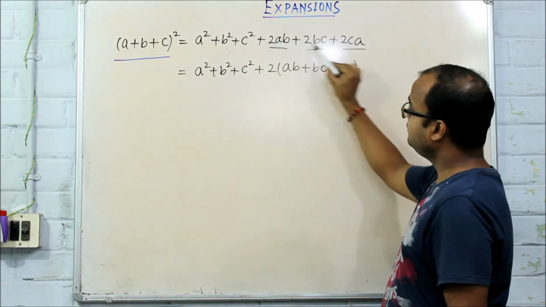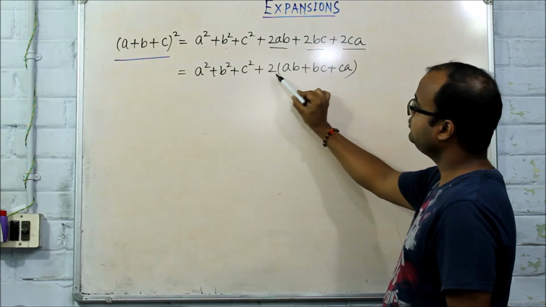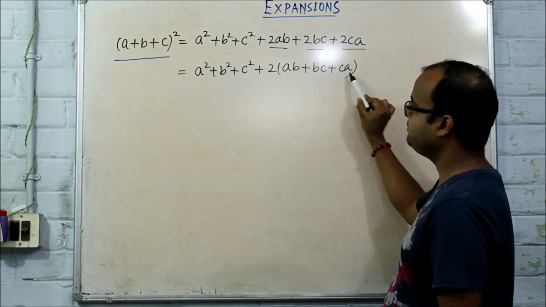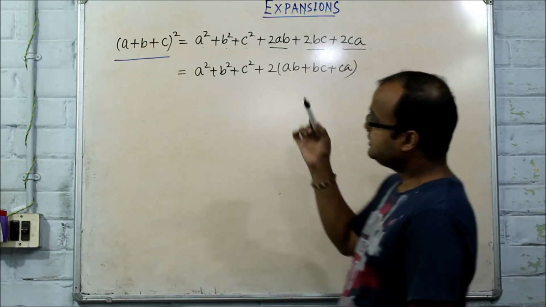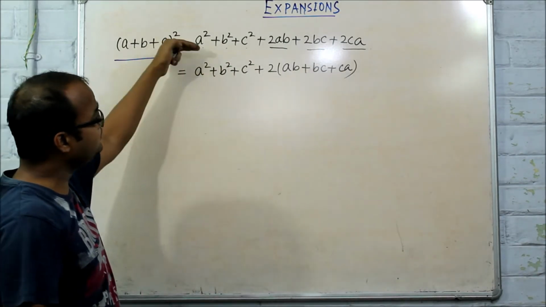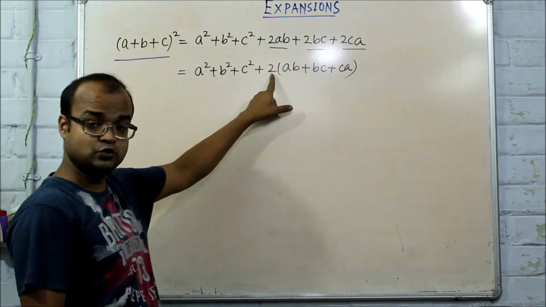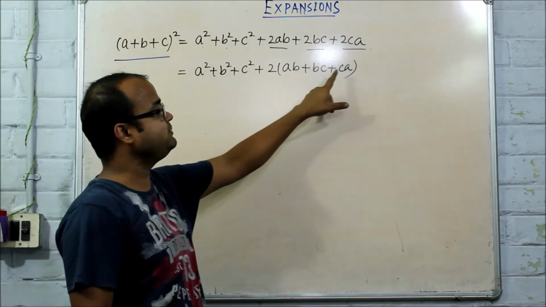Now if from the last three terms you take 2 common, then the formula will become 2 into (ab plus bc plus ca). You can remember either of these two expressions.